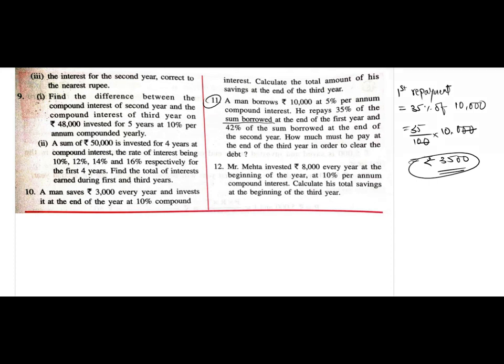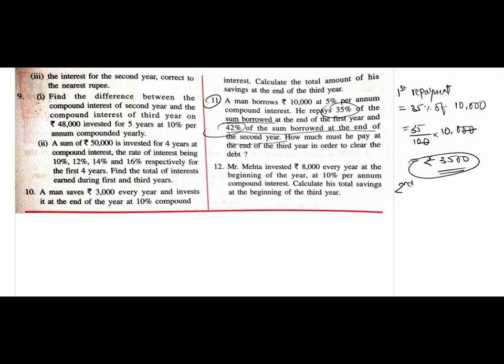I will walk you through the whole solution, so don't worry about it. I'm just easing your doubt over here, because I know that everybody has issues with percentage. I don't know what your doubt is, but let me just get this straight first. And 42% of the sum borrowed at the end of the second year is repaid.